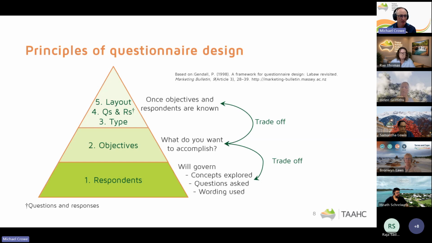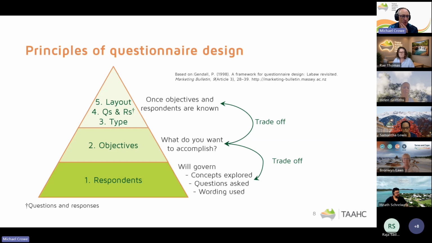And as a result, your objectives and respondents will affect the whole layout and the style of questions and the type of questionnaire you use. There is a saying in questionnaire design that there's no such thing as a perfect questionnaire. It's just a series of trade-offs, and that's really what it comes down to in the end.